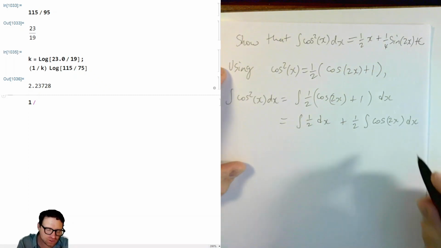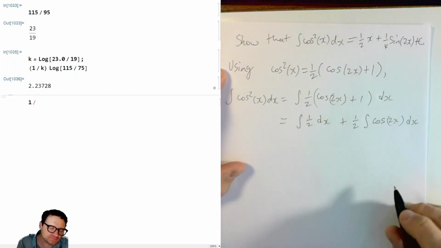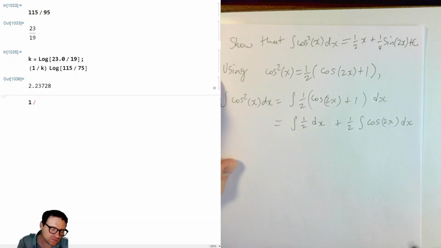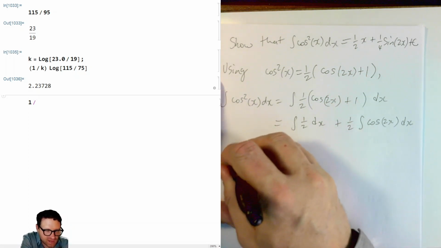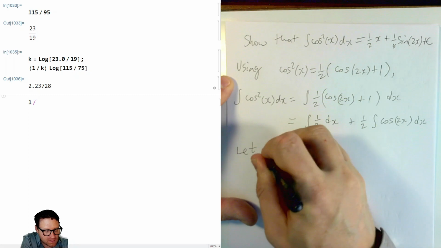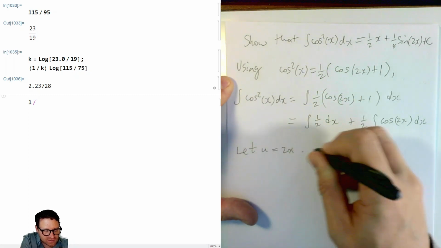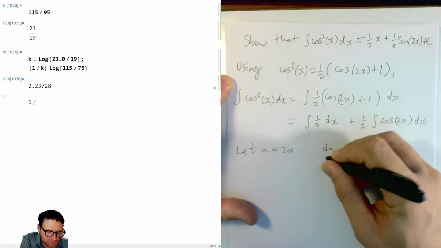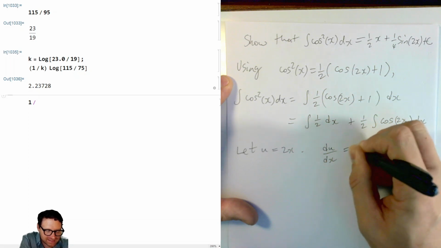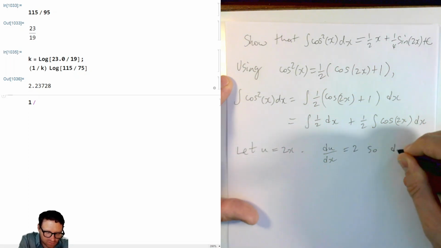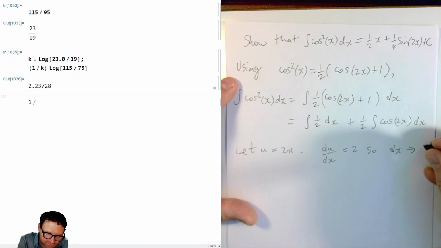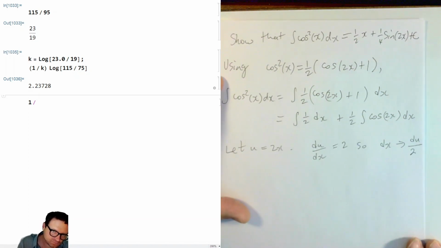Okay, and now letting u be equal to 2x. So let's do that. Let u be equal to 2x. Take derivatives. du on dx is 2, and so then you can replace dx with du over 2 in this integral.